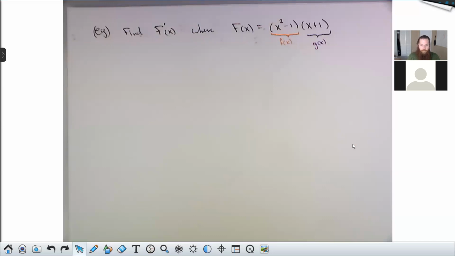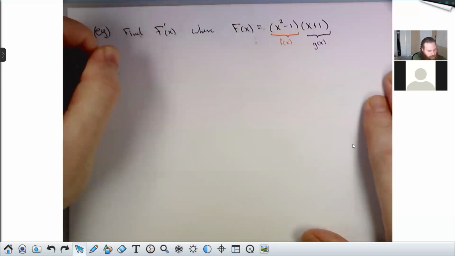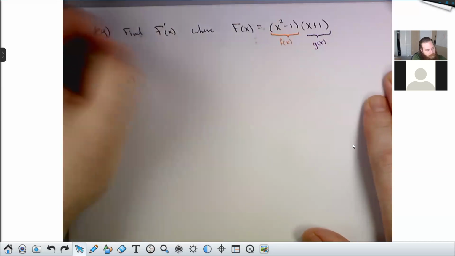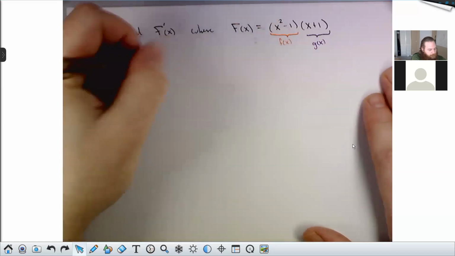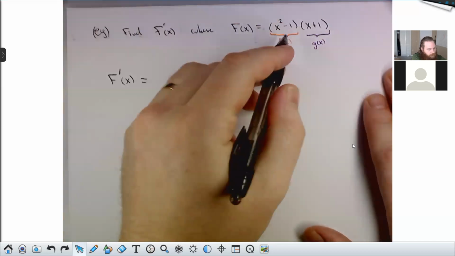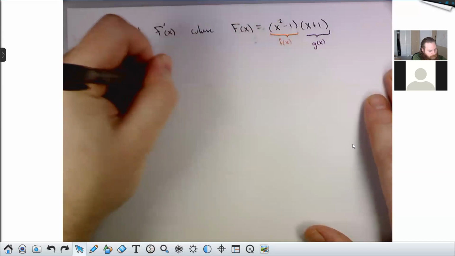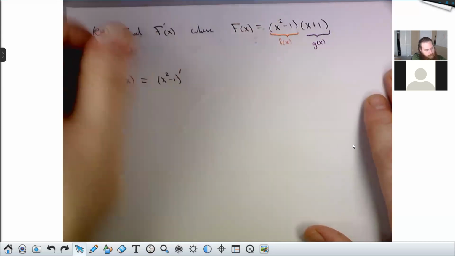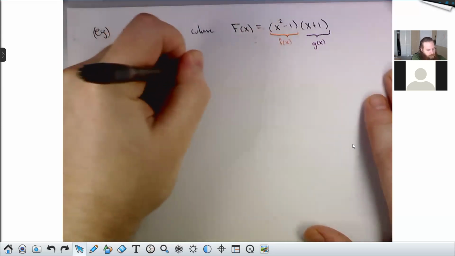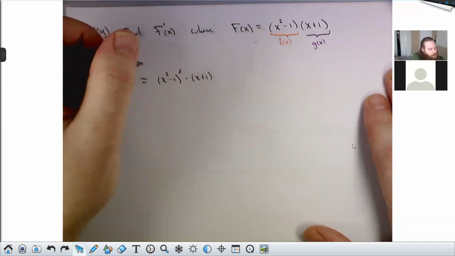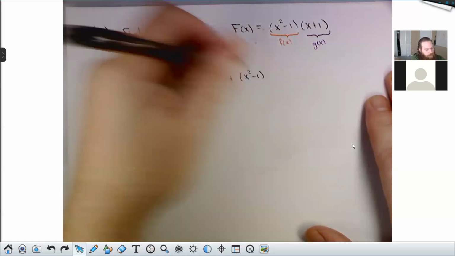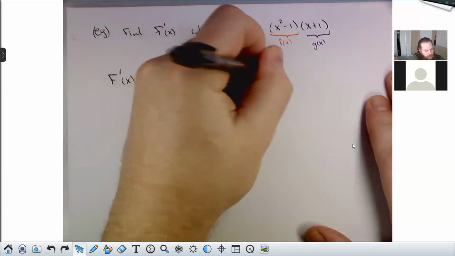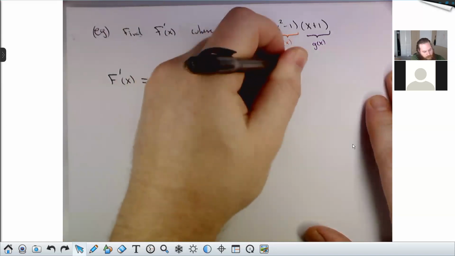The derivative of little f times little g should be the derivative of the first times the second, so x squared minus 1 primed, times x plus 1, plus the first left alone, x squared minus 1, times the derivative of the second, x plus 1 primed.